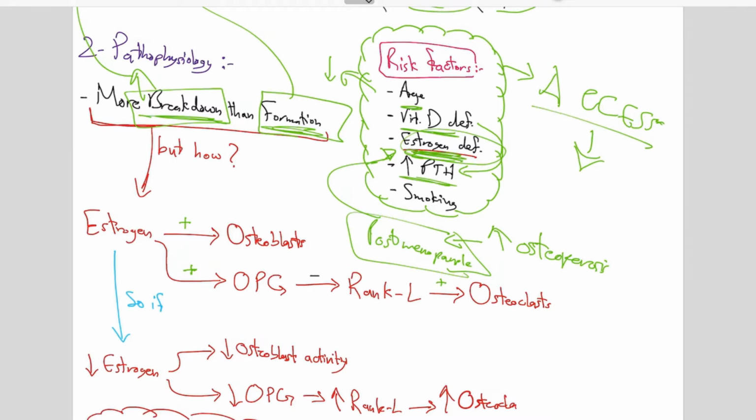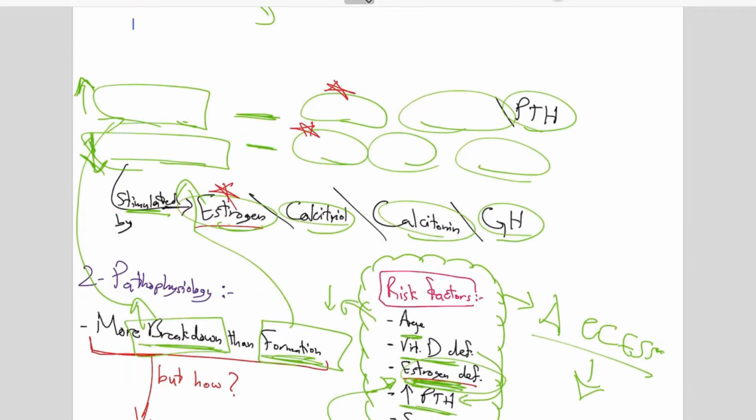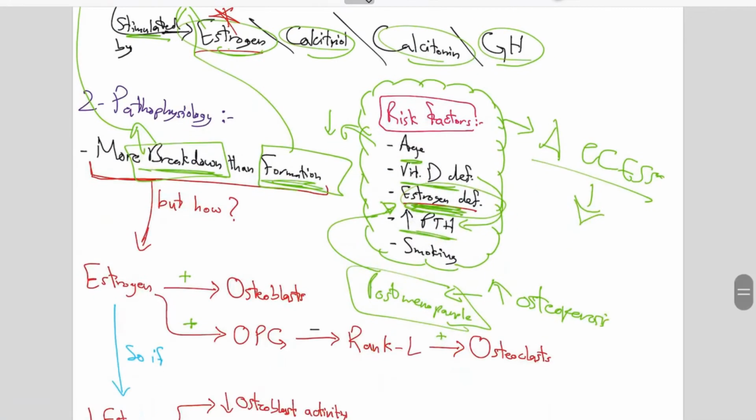And we're going to talk about the exact mechanism of why a deficiency in estrogen causes osteoporosis. Finally, we have smoking. Of course, smoking causes a lot of problems due to the different chemicals involved, and you're going to see later on as you study throughout the medical years, smoking is a huge risk factor for a lot of cancers and diseases all across the body.